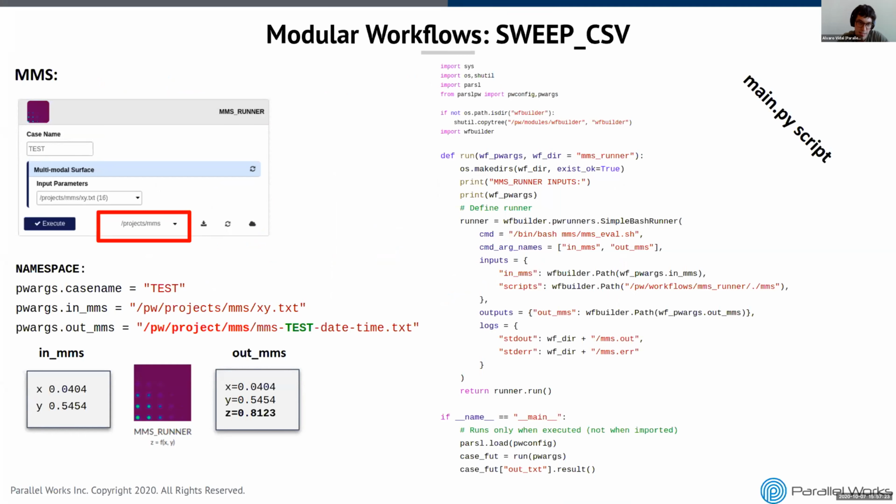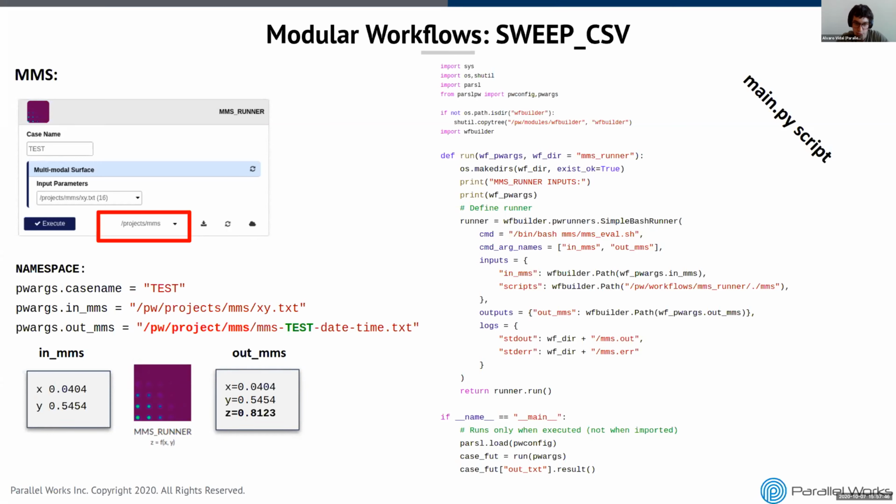It takes a case name. All of our workflows typically take a case name, and then it only takes one input file that is shown on the bottom left part of the slide with X and Y values. The workflow is going to calculate the Z value and write it down into another file, which is the output file.